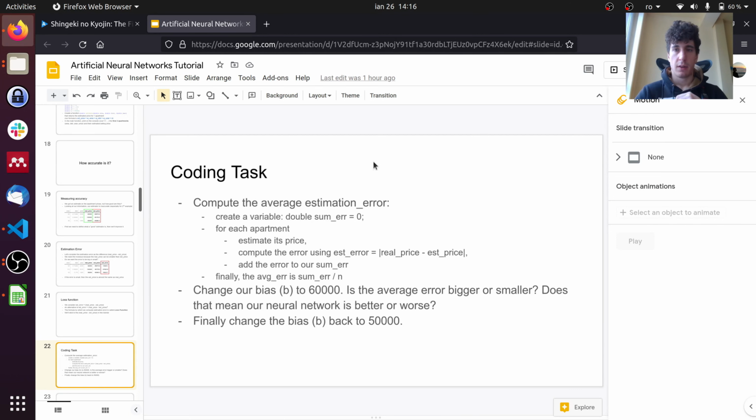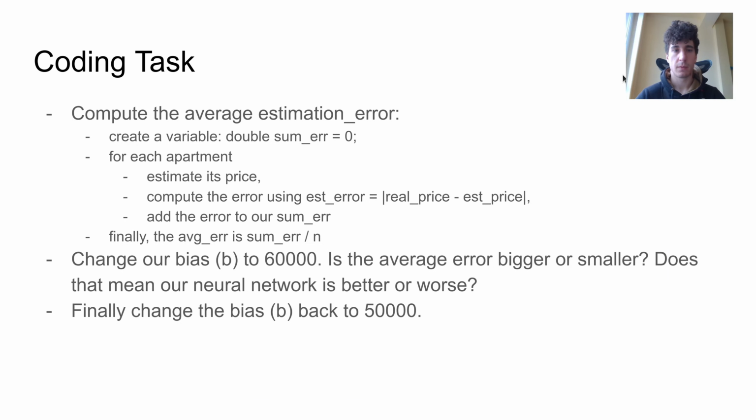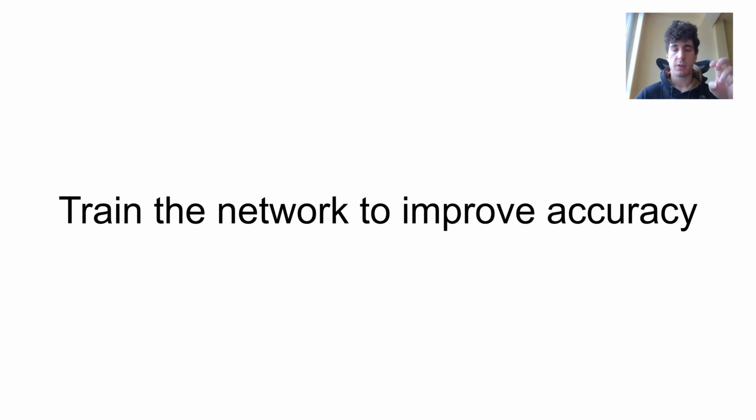All right. So this whole thing was a way to measure how good our estimator is. This was important because now we can try to improve it, to make the error smaller.